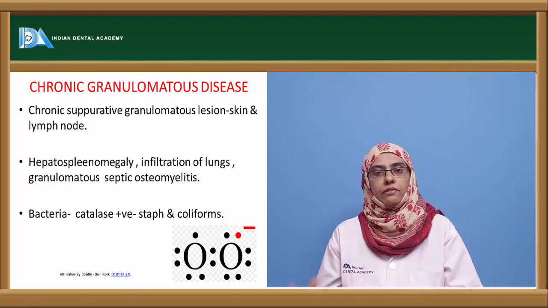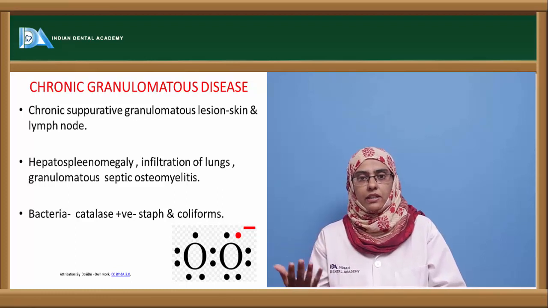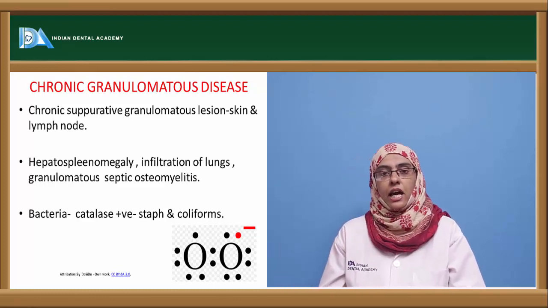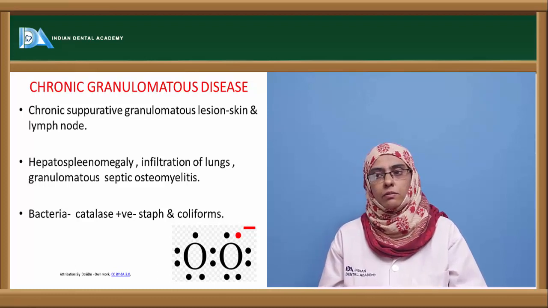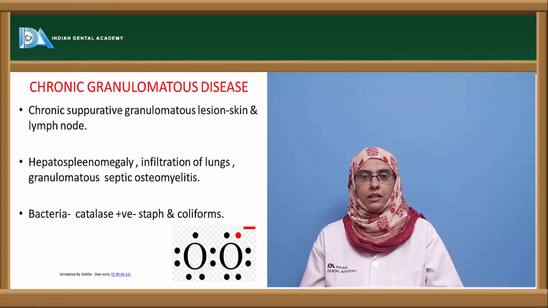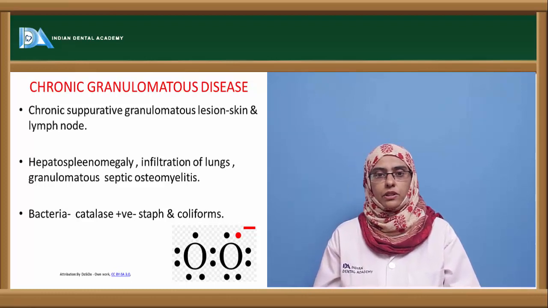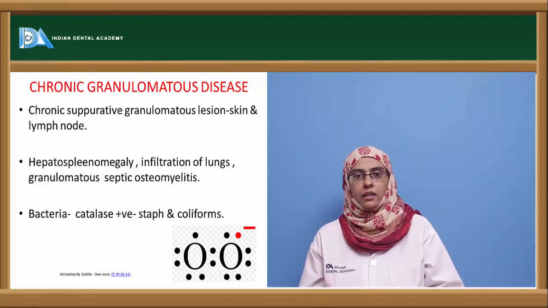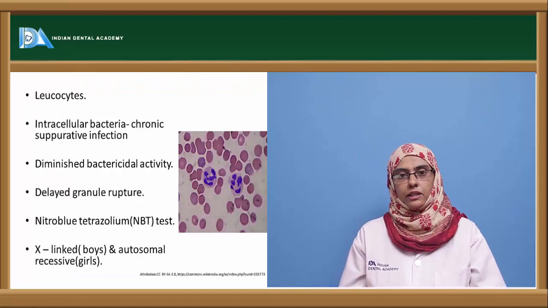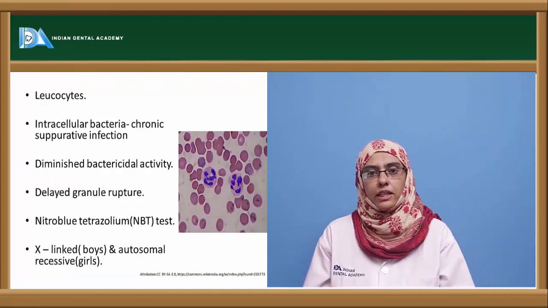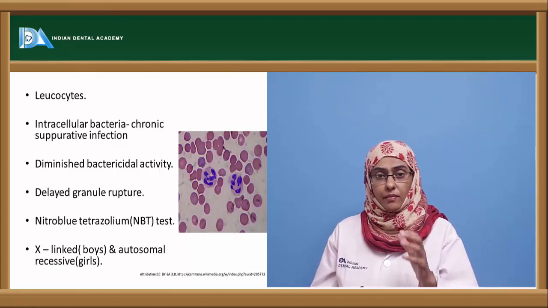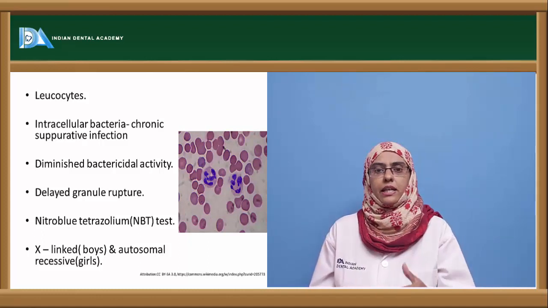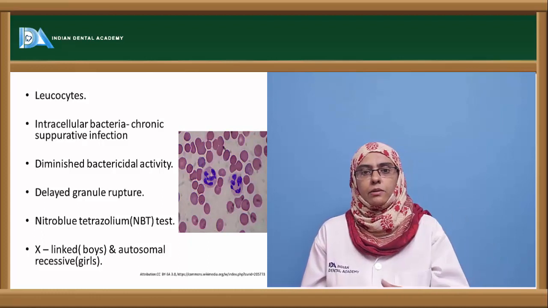As a result, infiltration can be seen in the lungs when there is a respiratory infection, and granulomatous septic osteomyelitis can also involve the bones. Here the bacteria mostly involved are catalase positive organisms and coliforms. Catalase positive organisms are usually engulfed by the phagocyte, and the inability of the phagocyte to kill protects the organism inside it against the antibiotics or the antibodies.